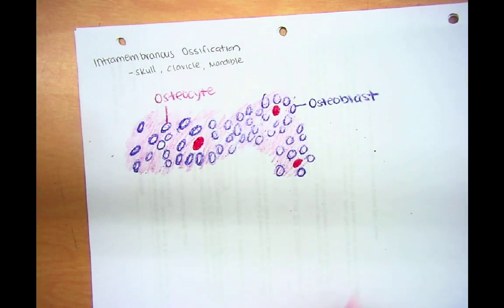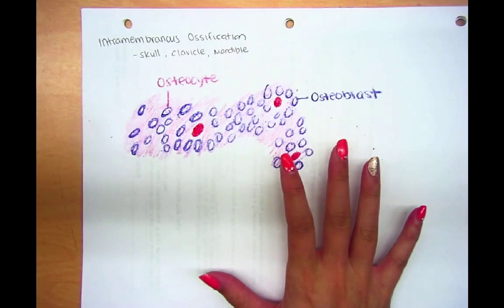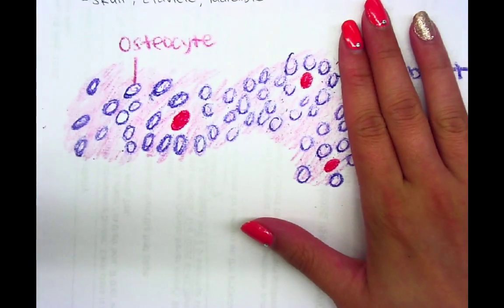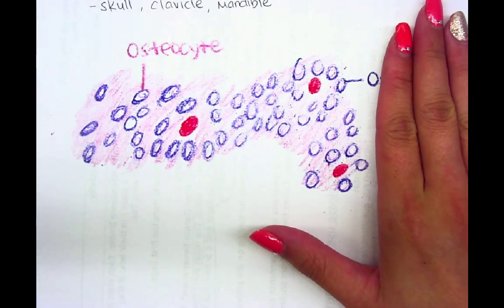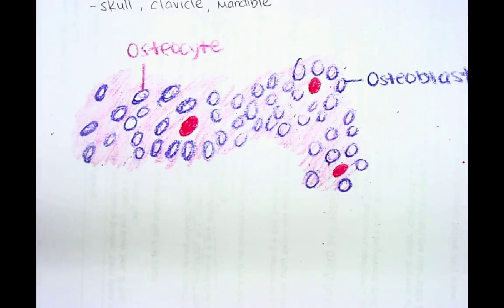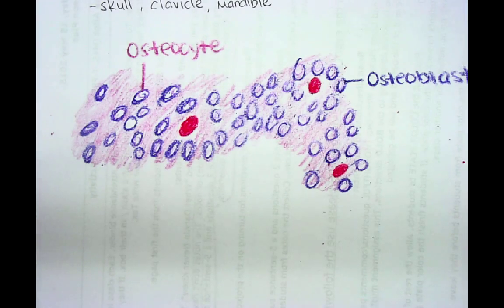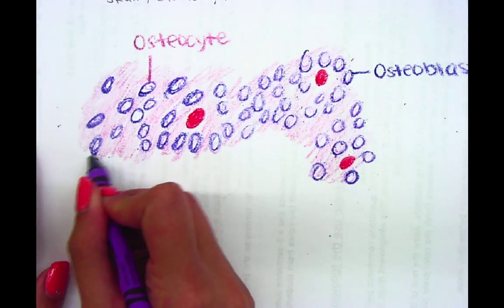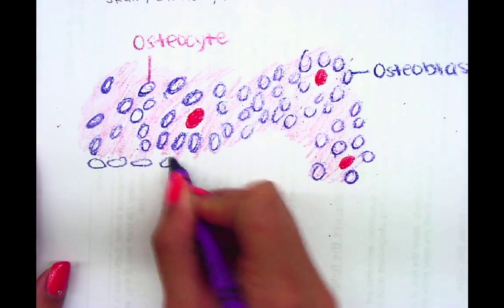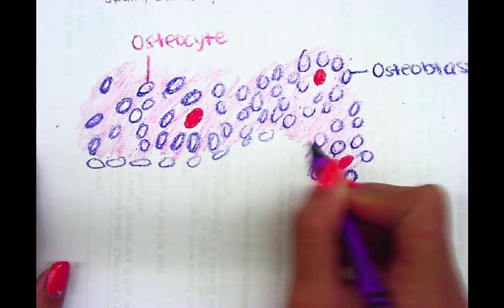So now we have a trabecula with osteocytes that are covered in bone matrix here. Some of the cells that haven't turned into osteocytes yet, they're still hanging out on the outside and haven't been covered in matrix.